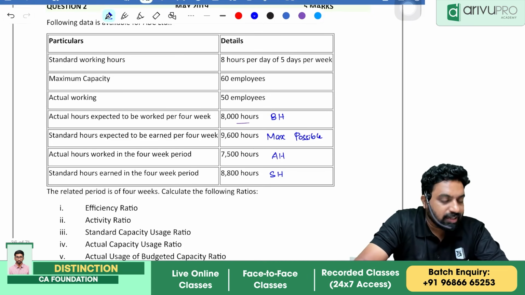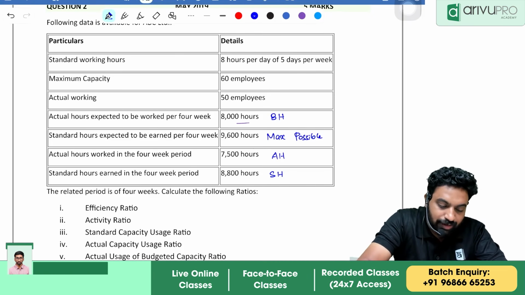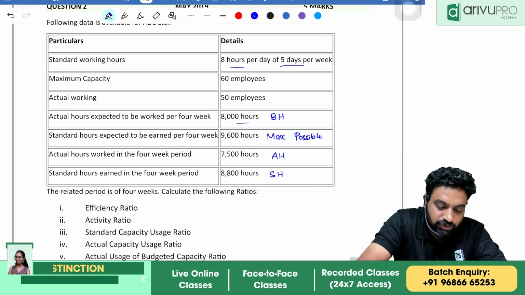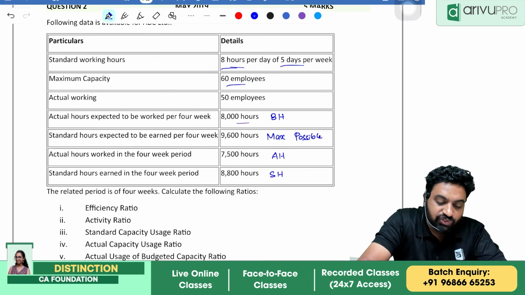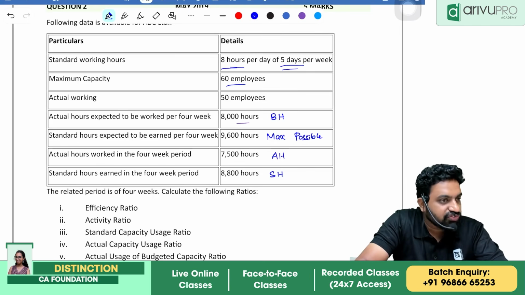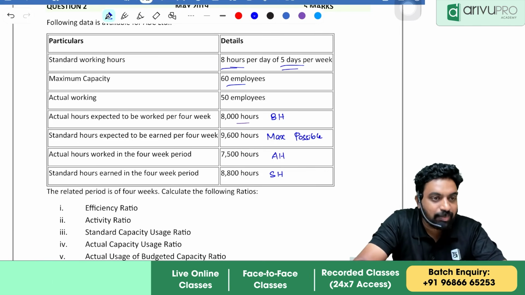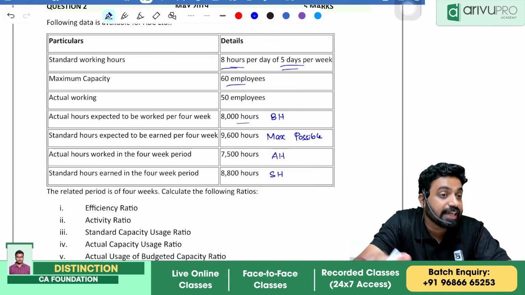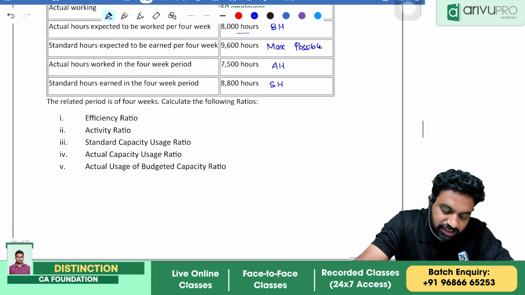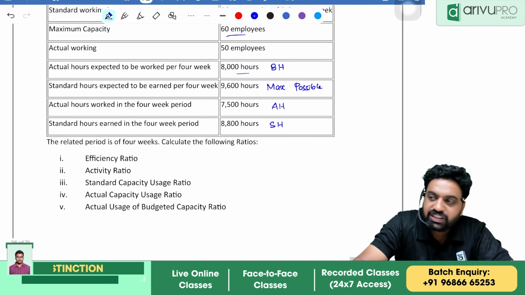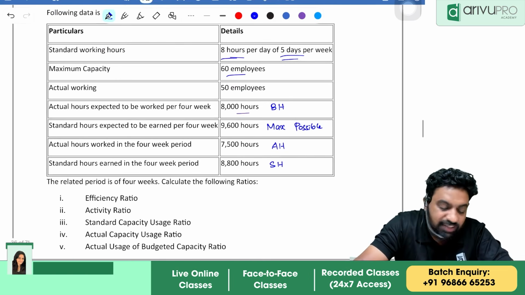Hope you know how to calculate budgeted hours and maximum. All you have to do is 8 into 5 days into 60 into 4 weeks, and 8 into 5 days into 50 into 4 weeks. You should get 8,000 and 9,600, or 9,600 and 8,000 respectively. First one they are asking efficiency ratio. What is the formula?